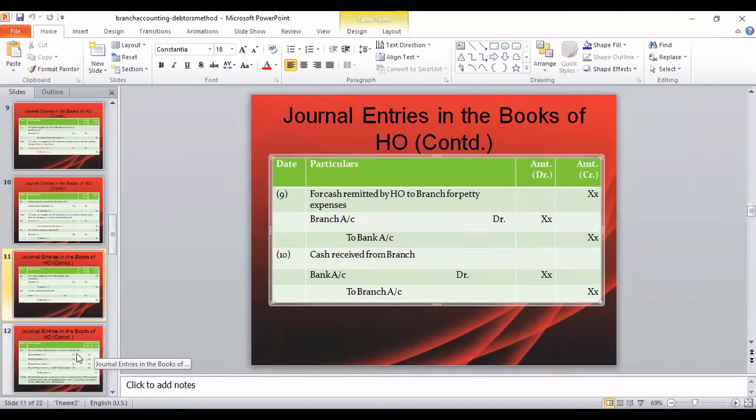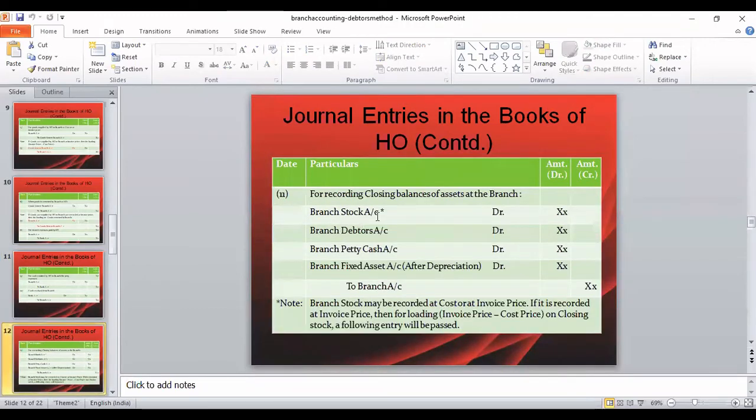Now see, till here we have completed all the basic journal entries. From now onwards we have to pass the closing entries, beta. The closing entry will first record all assets at the closing date, and at the same time we record all liabilities also on the closing date.